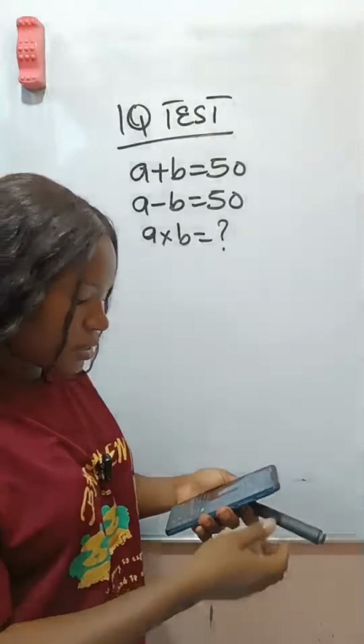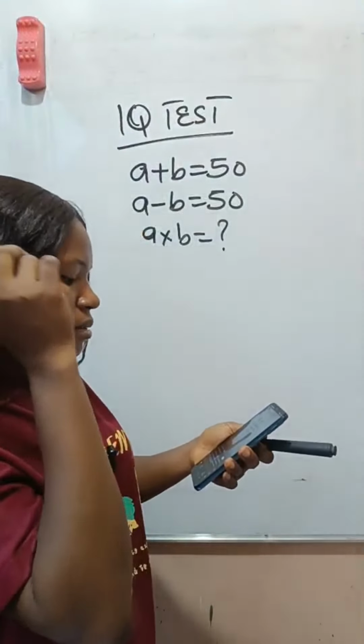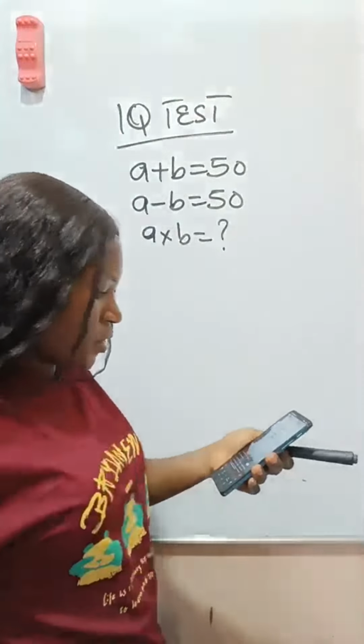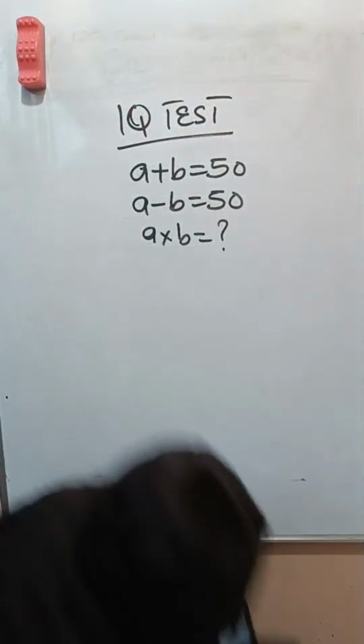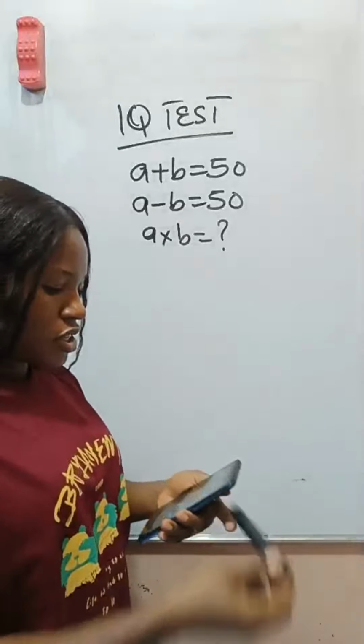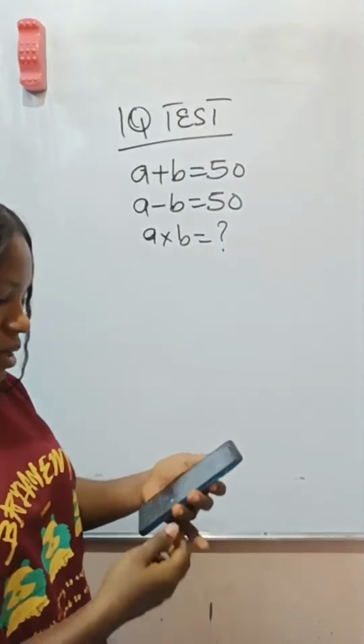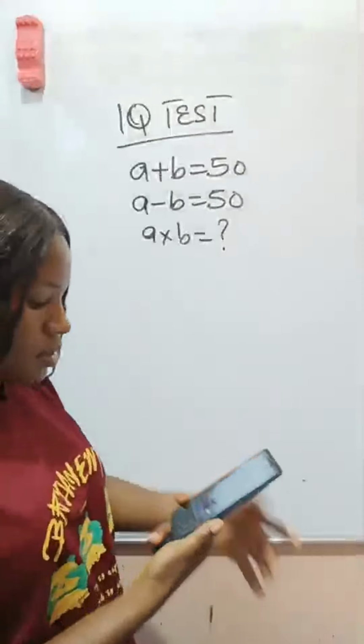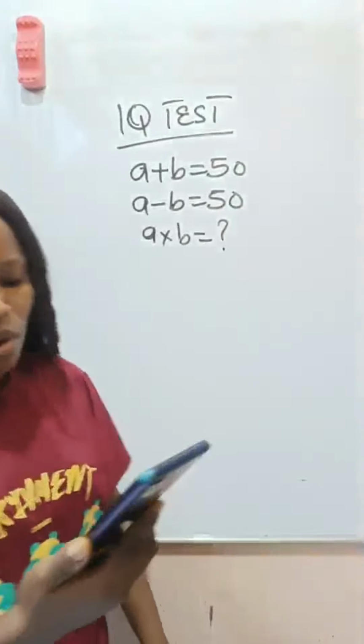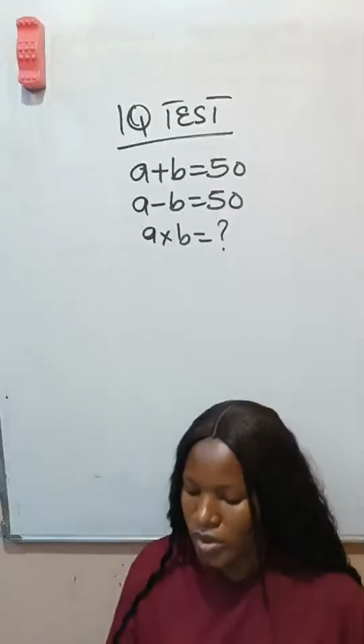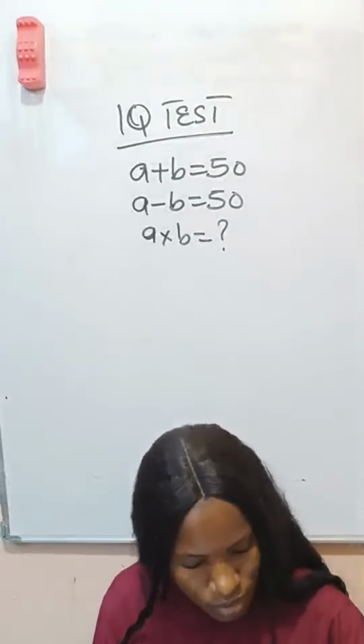If A plus B is 50, okay, Kitchen Secret says his name or her name is Shenzi. All right. We can use odd numbers and multiply with repeated number.